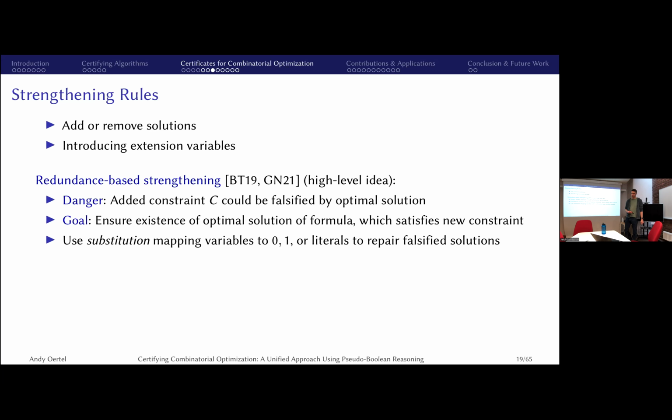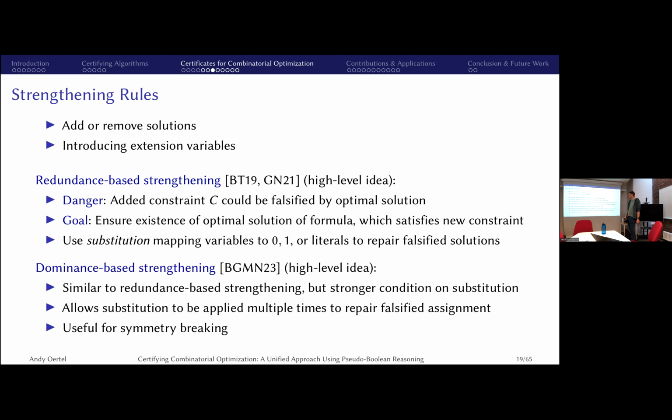So this is one of the two strengthening rules, and the second strengthening rule that we have is this dominance-based strengthening. There, the idea is very similar: we want to ensure that there exists at least one optimal solution that satisfies the formula and also satisfies the added constraint. But here we allow that this repairing step can be applied multiple times.